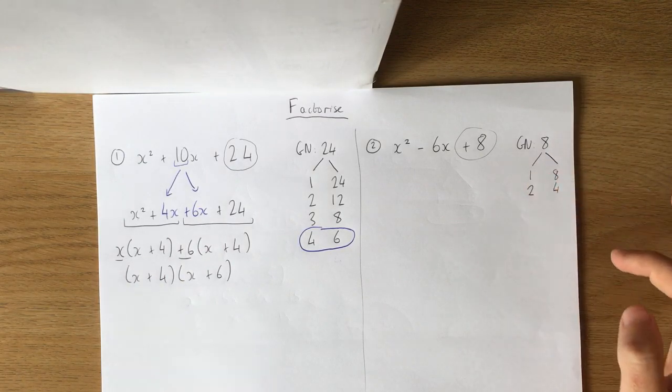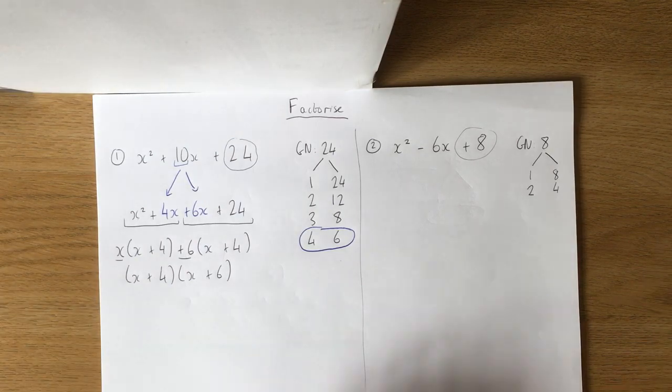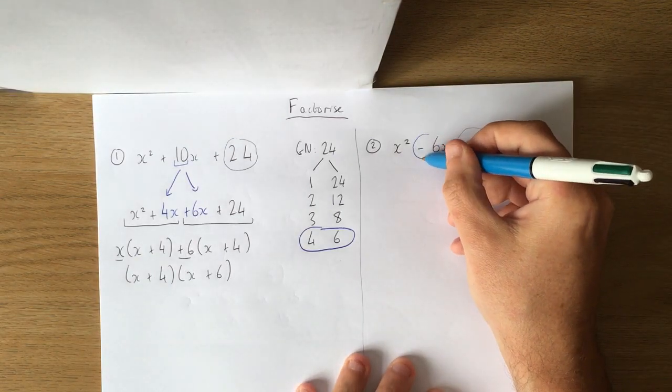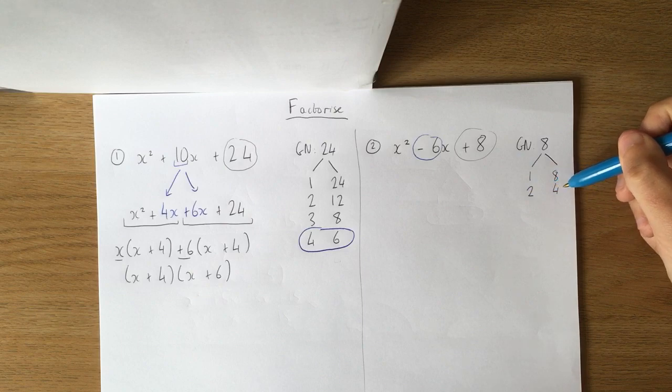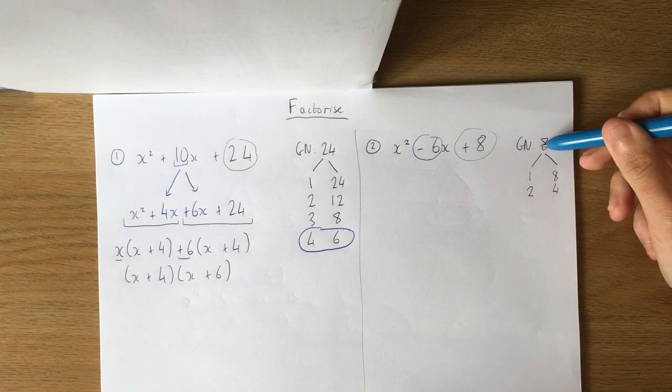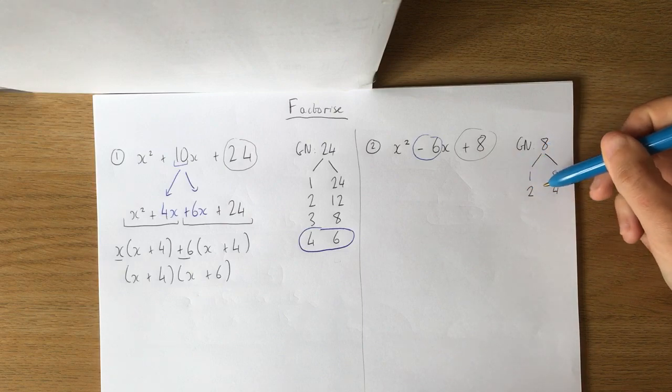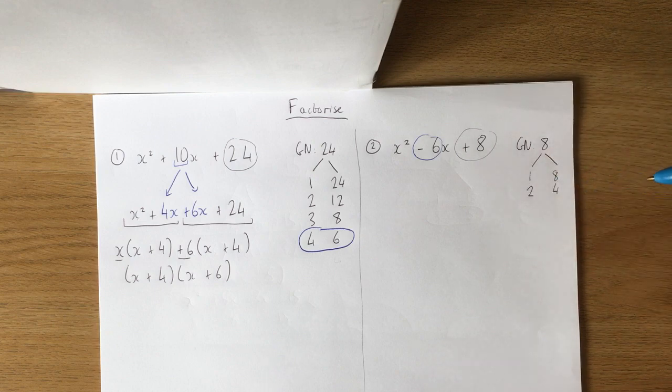I want the pair of factors which is going to add up to minus 6. Okay, so these numbers need to multiply together to give me plus 8, but add together to give me minus 6. So how would I get that?